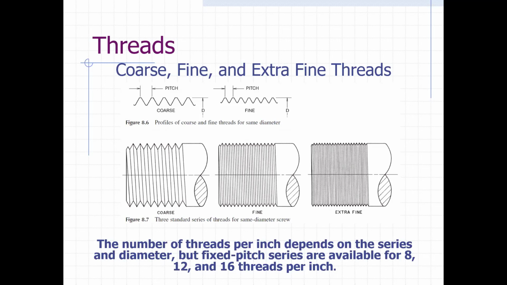So regardless of the diameter, they may have either 8 threads per inch, 12 threads per inch, or 16 threads per inch. And that's why when you take your bolt to the Lowe's store and you try to find a replacement for it, they got that big plate that's got a whole lot of different options on it. You just kind of have to figure out what you got. So you have to match the diameter and the thread series for the pitch.